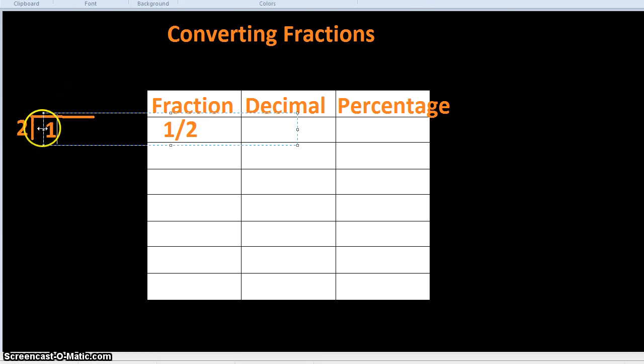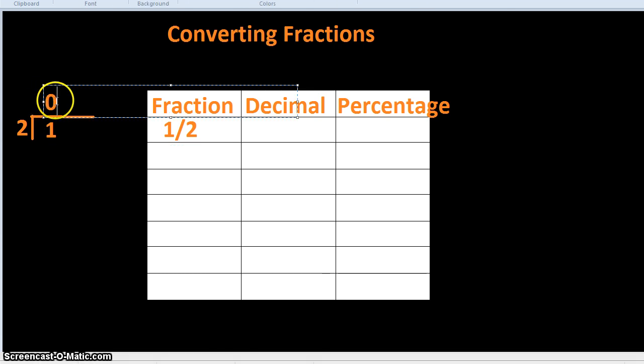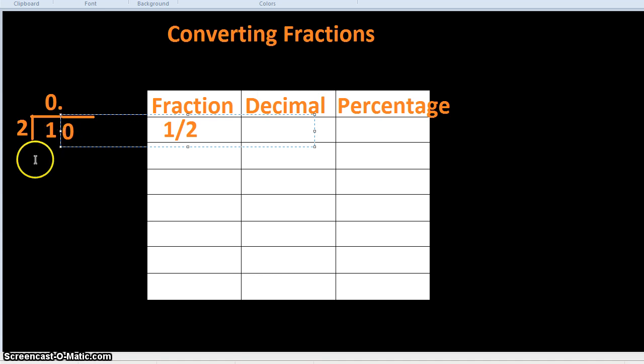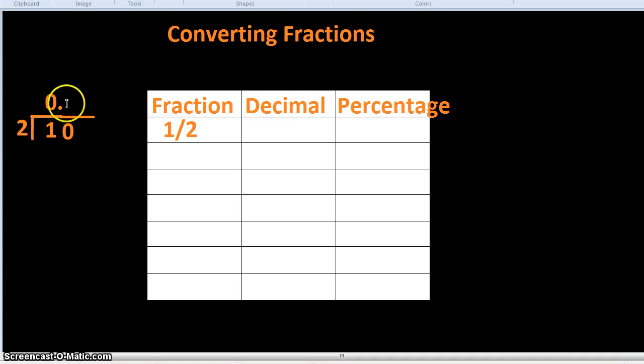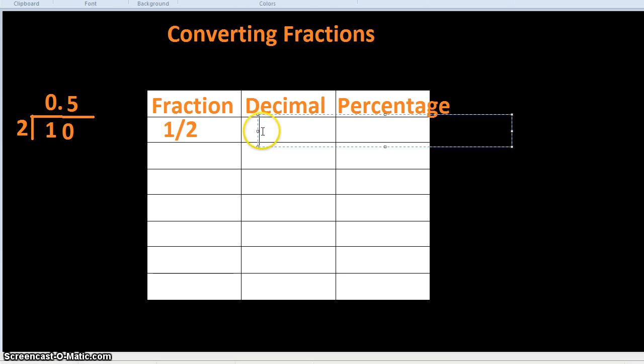So that would be 2 goes into 1 0 times, then with a decimal, then you add the 0 here, and 2 goes into 10 5 times. So we know that 1/2 is, as a decimal, 0.5. Now, how do you get from a decimal to a percentage?